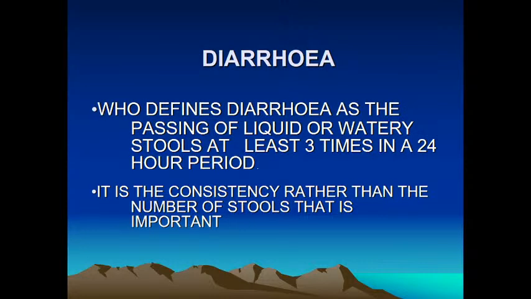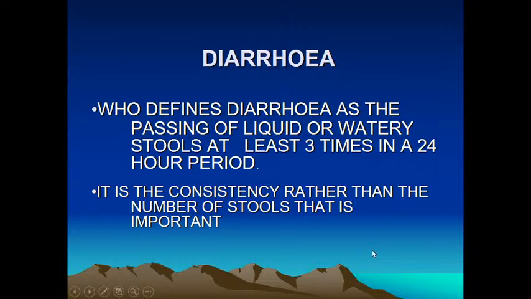So WHO defines diarrhea as the passing of liquid or watery stools at least 3 times in a 24-hour period. So having just one watery stool, 2 watery stools? No, 3. We would like to have 3 watery stools in a 24-hour period. Then we call it diarrhea. It is the consistency rather than the number of stools that is important.